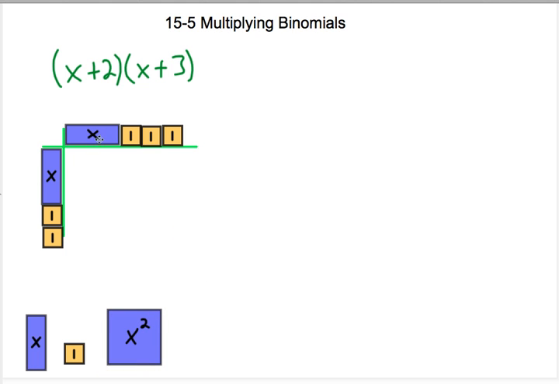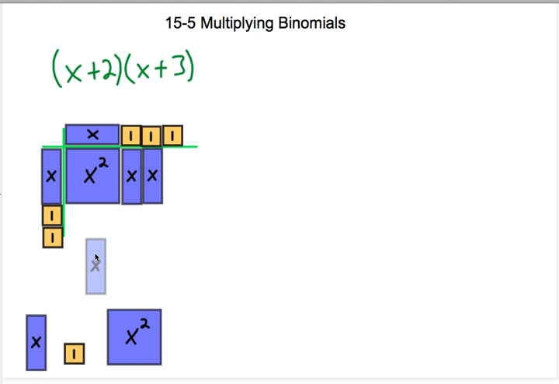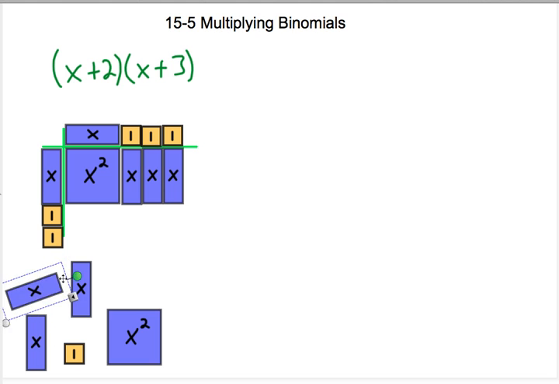So, when we multiply x times x, we get x squared. And when I multiply this x times this 1, I get x, because x times 1 is x. X times 1 again is x. X times 1 again is x. And then down here, let me turn these both sideways.